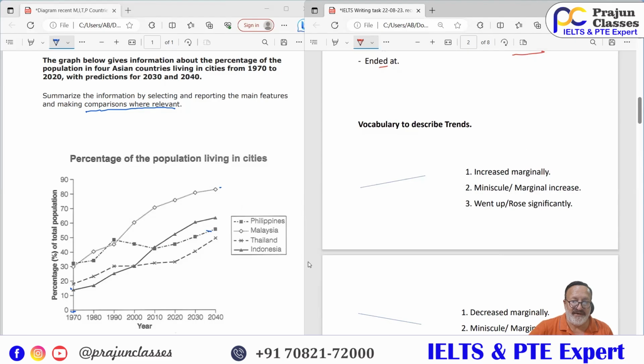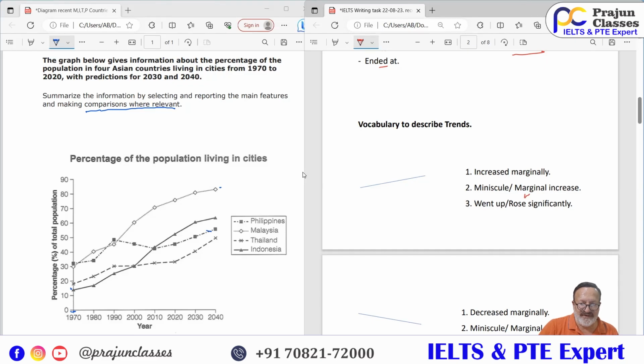Then you have vocabulary to describe trends. So now a line can be, you see, in this way, this scale. This is very less. So we can say increase marginally, or we can say a minuscule or a marginal increase, or we can say it went up insignificantly.